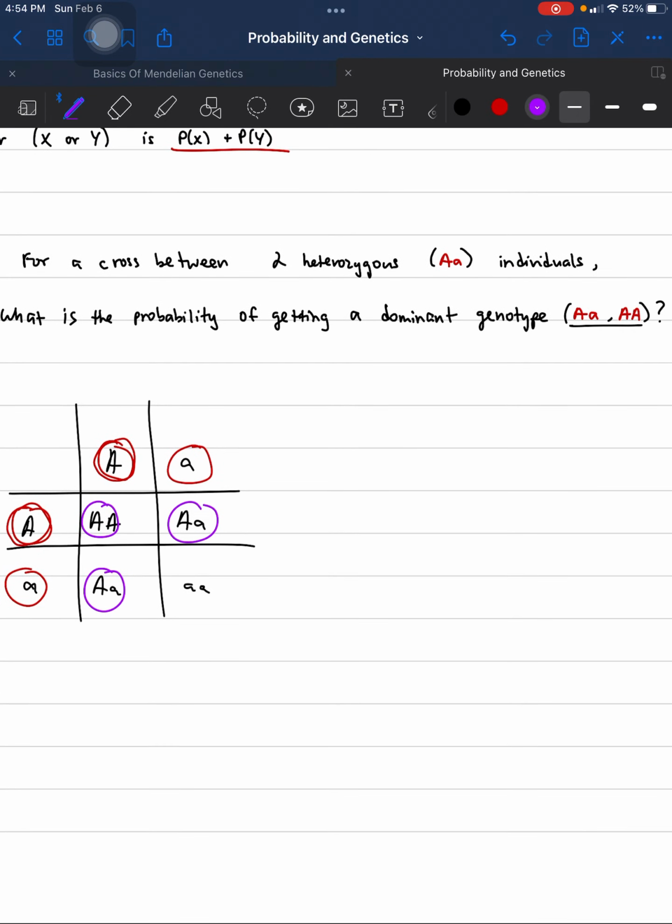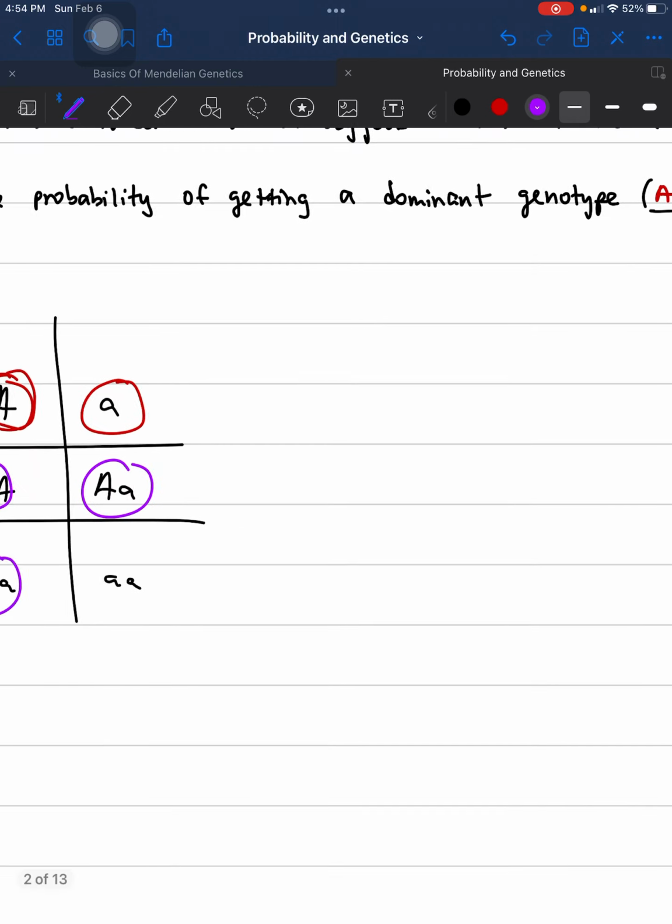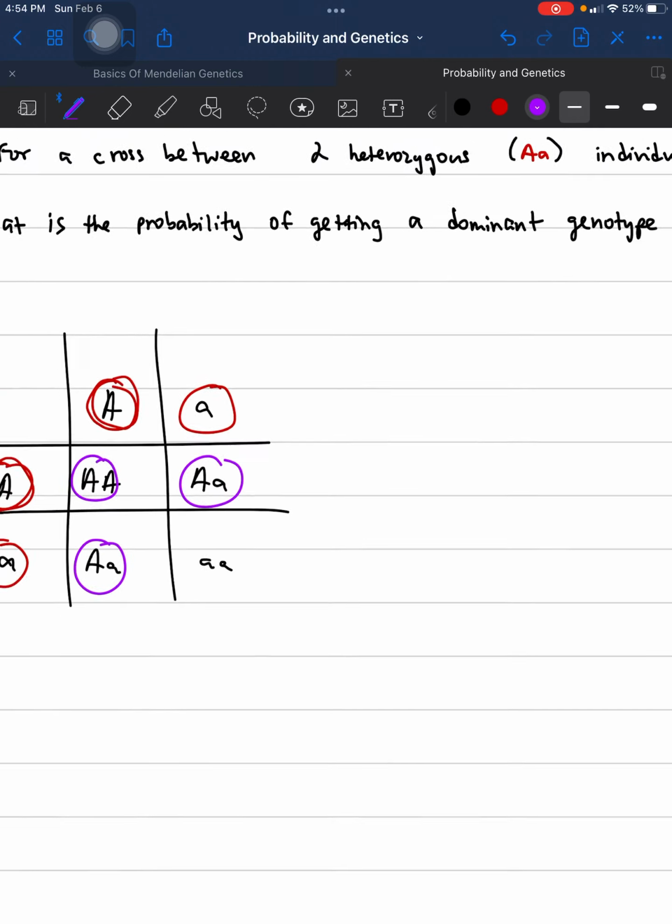And to actually find the total probability of getting all three of these genotypes, all we have to do is add up the probability of each of these three events happening, right? So let me write it down actually.